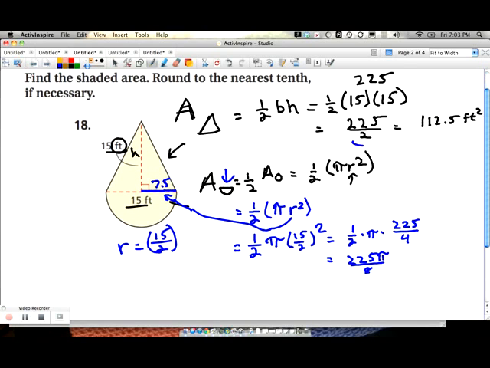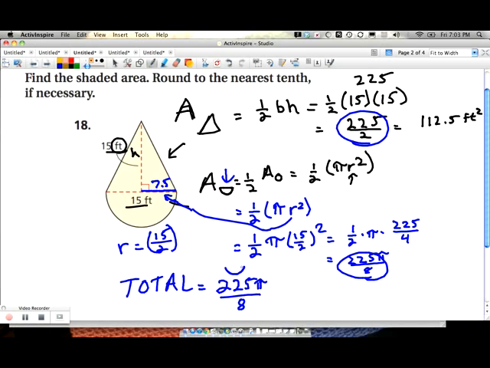I need to put together because I have the area of a triangle and I have the area of the semicircle. Put them together. The total area is going to be equal to 225 pi over 8. That's the semicircle.